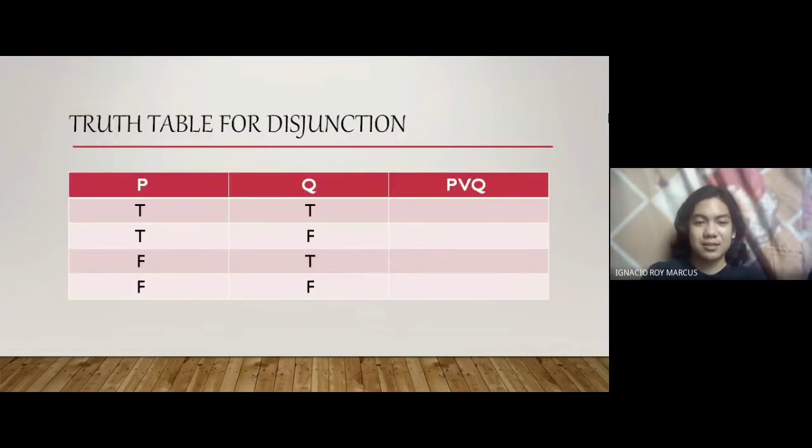If both P and Q are true, the compound disjunction will be true. If P is true and Q is false, the compound disjunction will be true. If P is false and Q is true, the compound disjunction will be true. If both P and Q are false, the compound disjunction will be false.